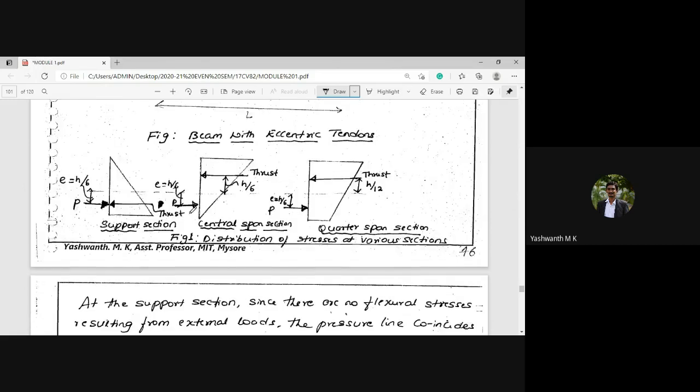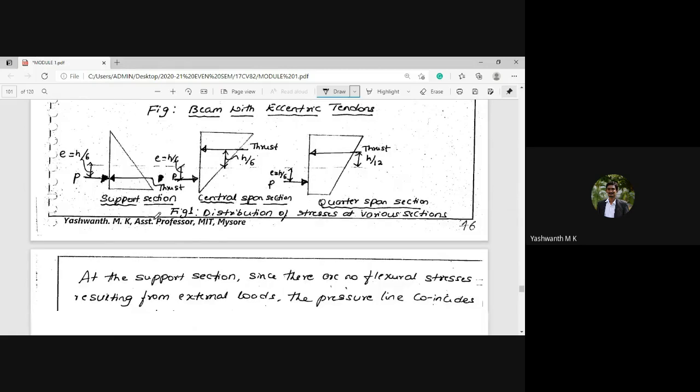So now you can see at the support section, the stress distribution is like this. It is 0 at the top, and it will have a distribution at the bottom. Why? I will be explaining.